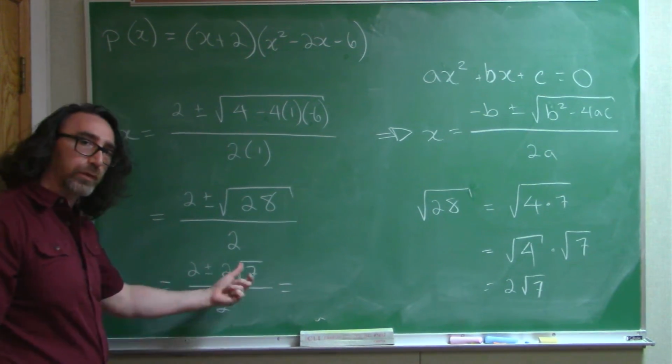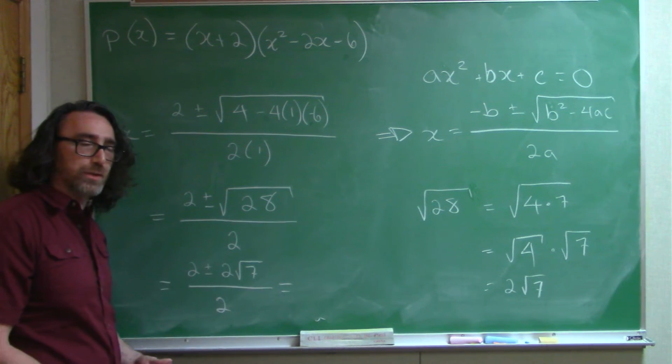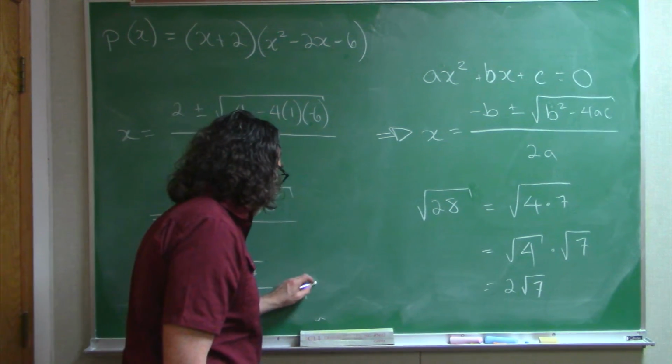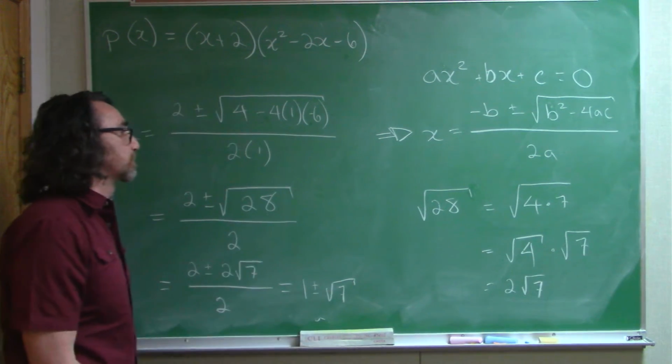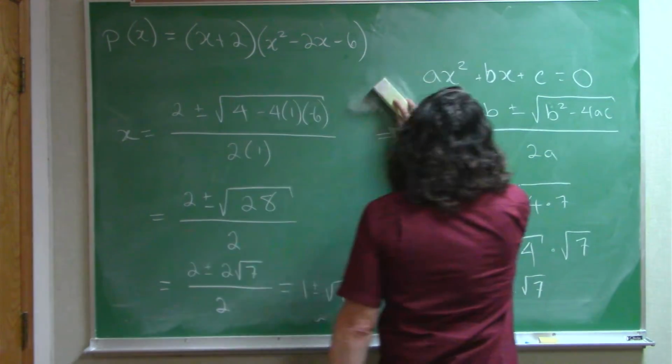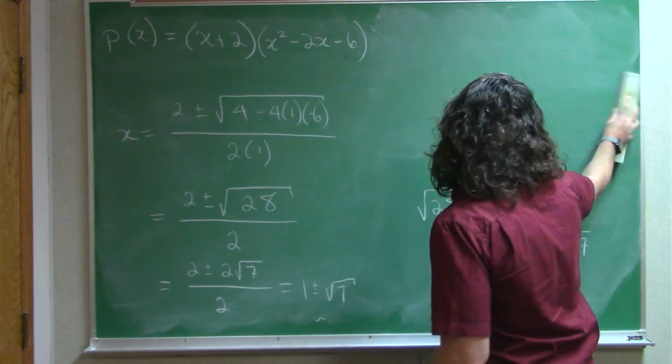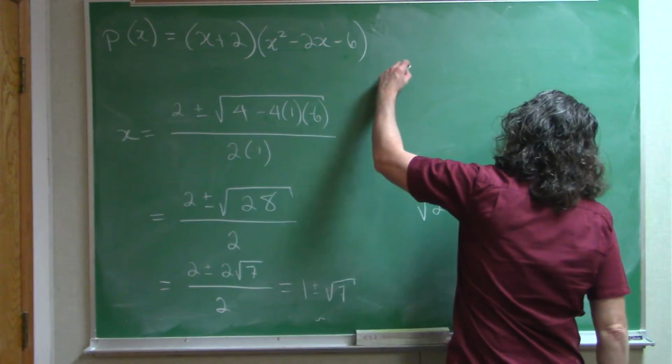Everything has a factor of 2 on top. Factor out the 2, cancel with the 2 downstairs. 1 plus or minus radical 7. Okie dokie artichoke.